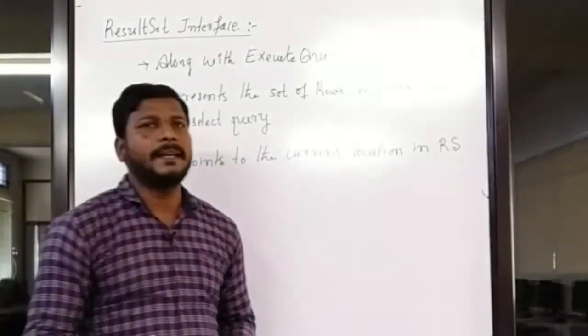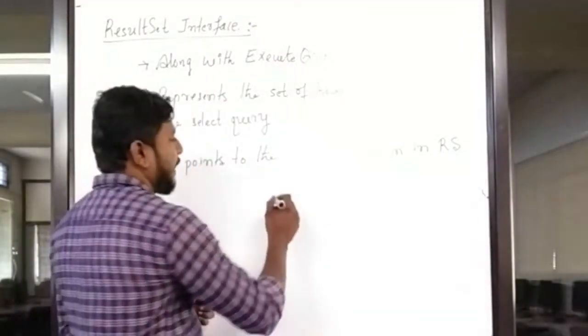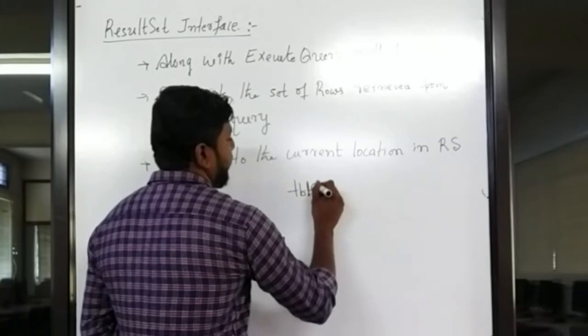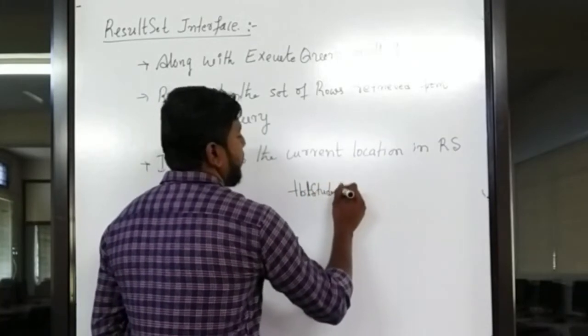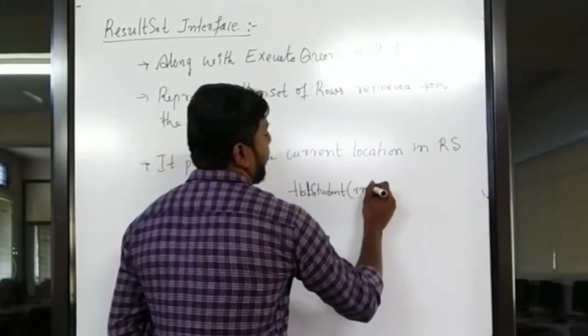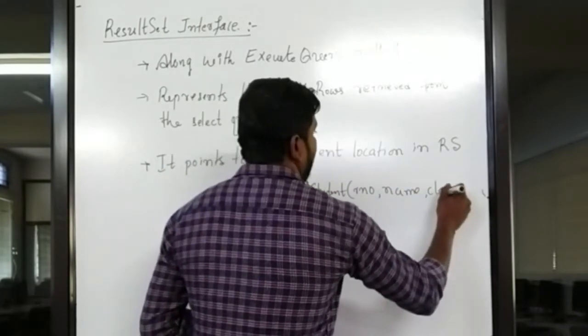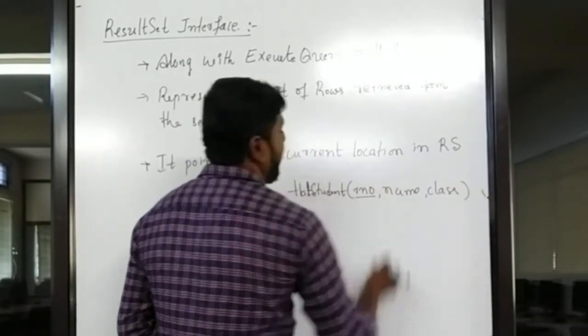For example, say you have a table TBL student, and a column say roll number, name and class. Let's assume that it has 3 columns and the roll number is the primary key.